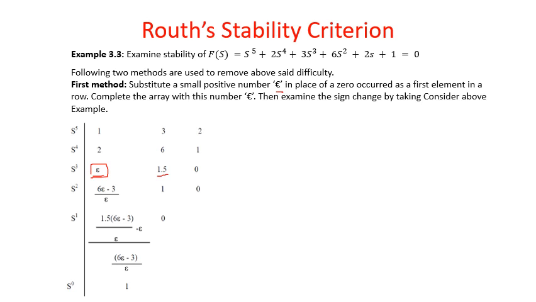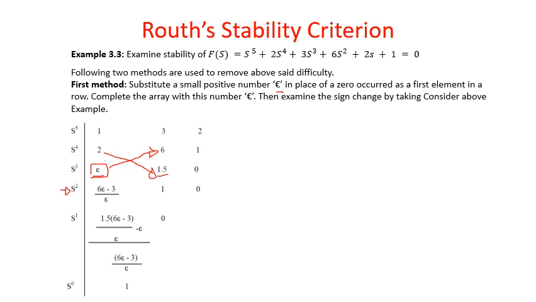Next, to fill this S2 row, what we have to do is multiply this epsilon into 6, minus 2 into 1.5, whole divided by epsilon. So 6 multiplied by epsilon will be 6 epsilon, minus 2 into 1.5 will be 3, whole divided by epsilon.